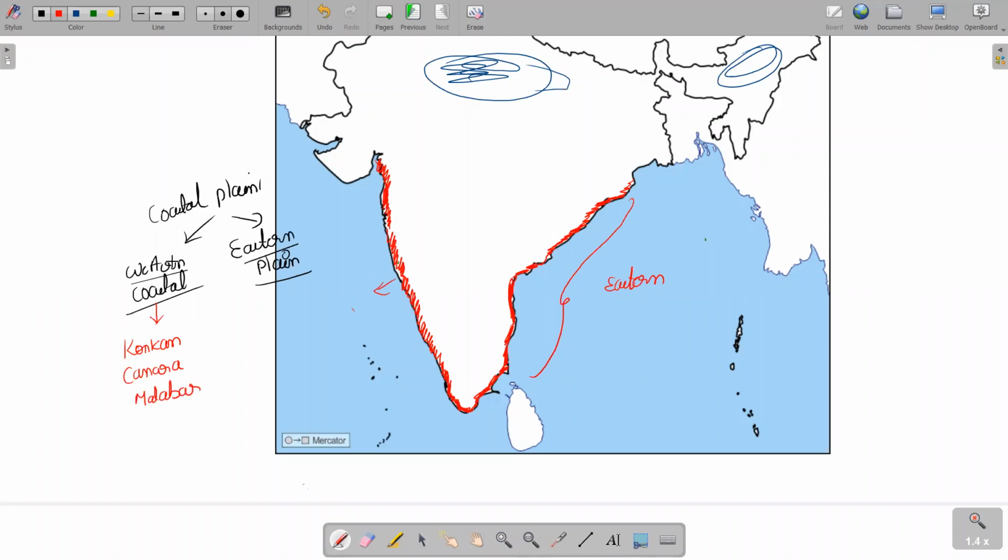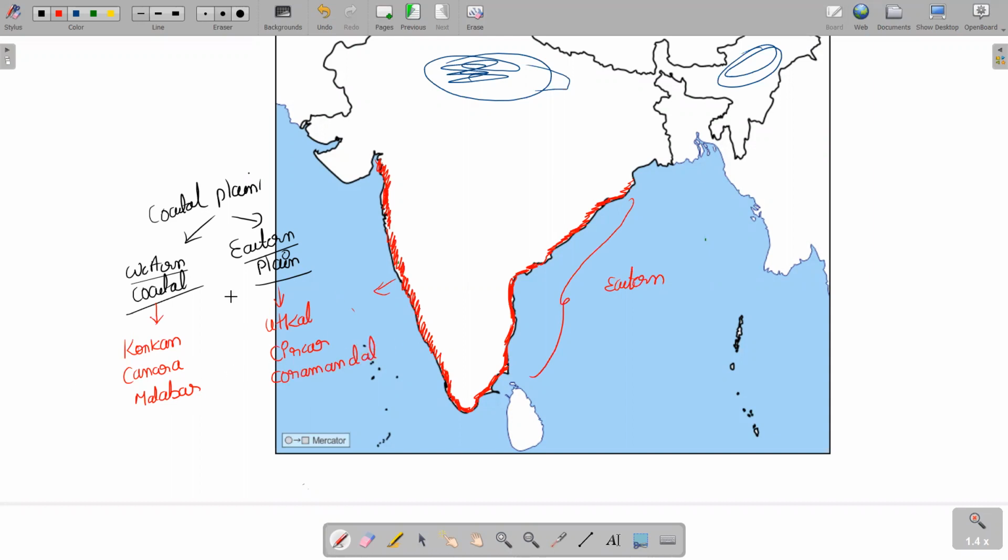And the eastern coastal plains are Utkal, Sarkar, and Coromandel. I'm telling you now, this is your 2 marks, 4 marks question.